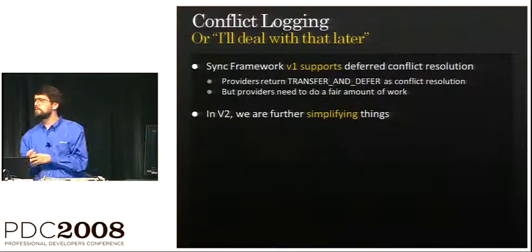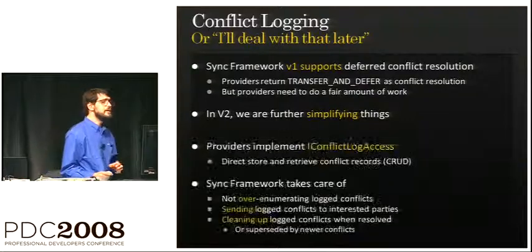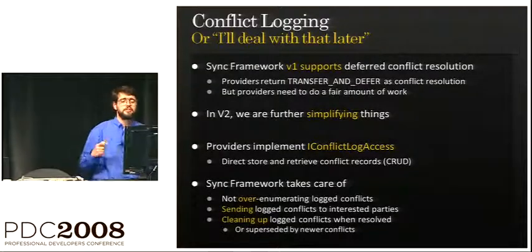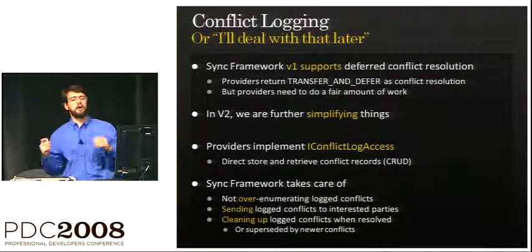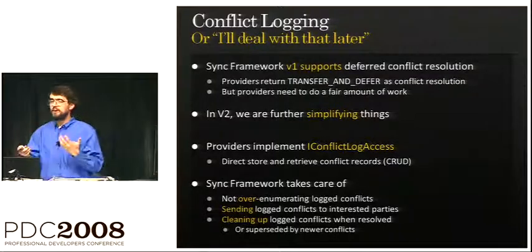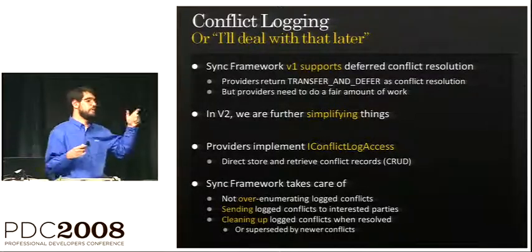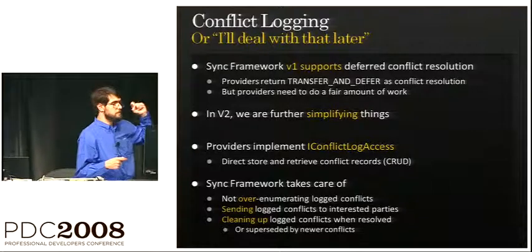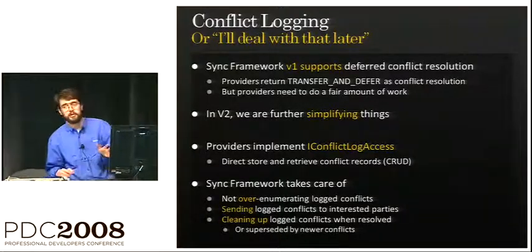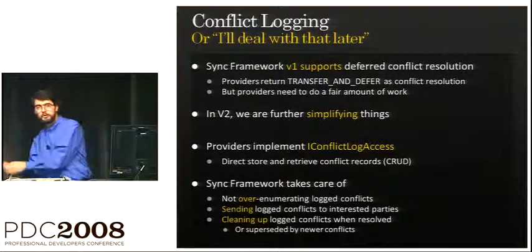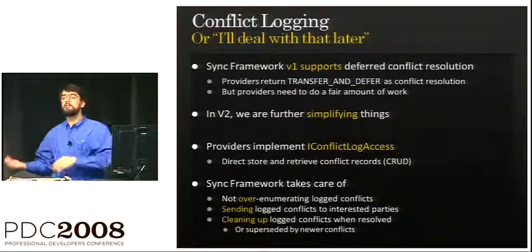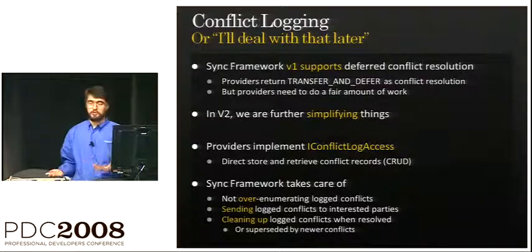In V2, we're simplifying these things dramatically. What we're basically leaving to providers is the need to implement an interface called IConflictLogAccess, which does for providers effectively what the provider framework does for full enumeration providers. The only thing a provider needs to do is be able to write conflict records, delete conflict records, and enumerate conflict records.